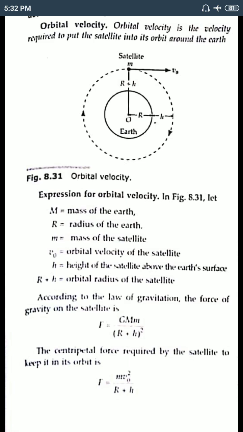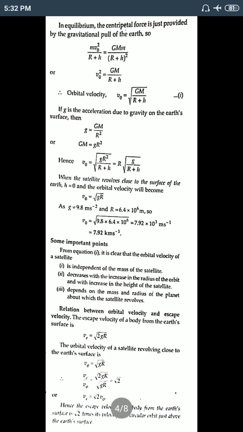We can write GMm by (R plus h) whole square equals m V0 square by (R plus h). From there we find V0, equation number 1: V0 equals root under GM by (R plus h).